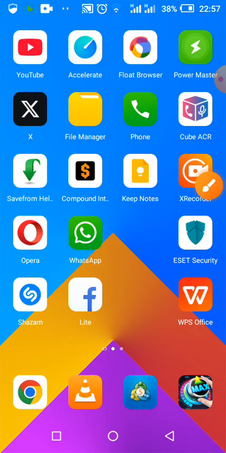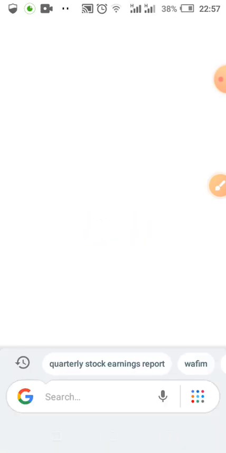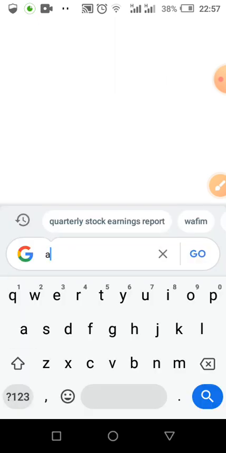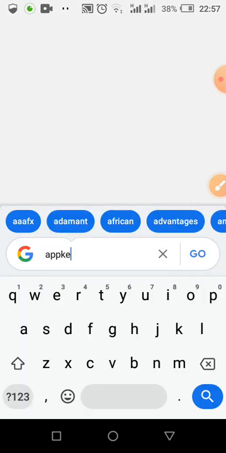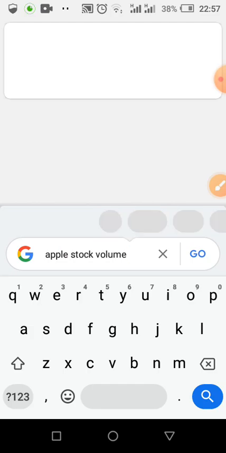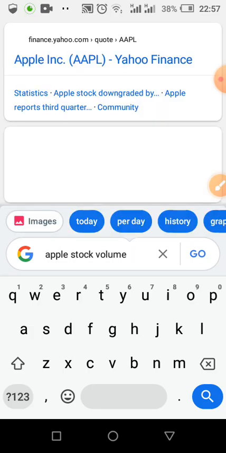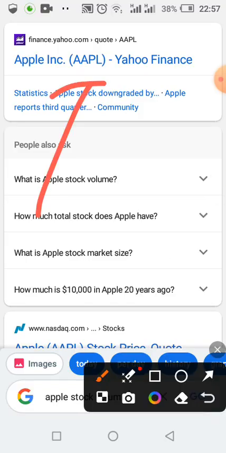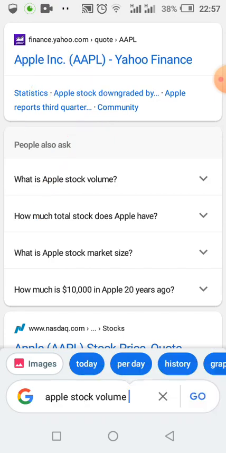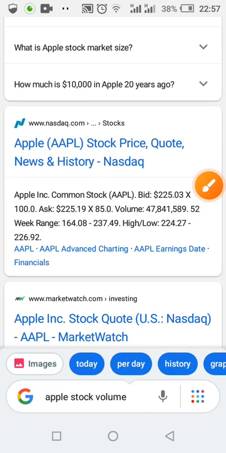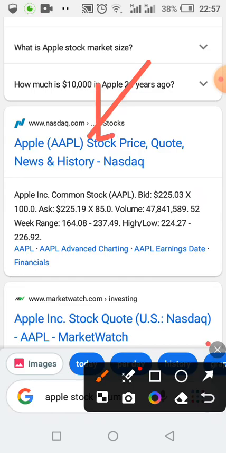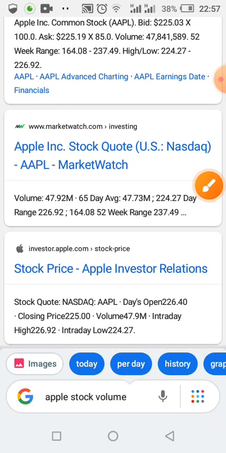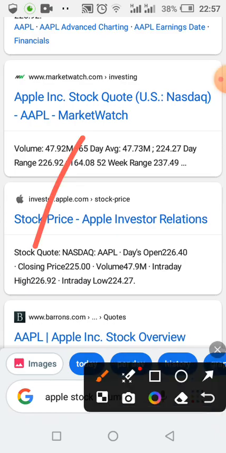So for you to know the total number of shares of a stock, you can always Google search that on the internet. It's always public knowledge. You can even search Apple stock volume, and then popular websites with credible information you can use: Yahoo Finance, for example, even also the NASDAQ website, even also MarketWatch.